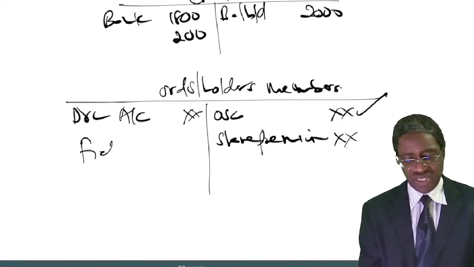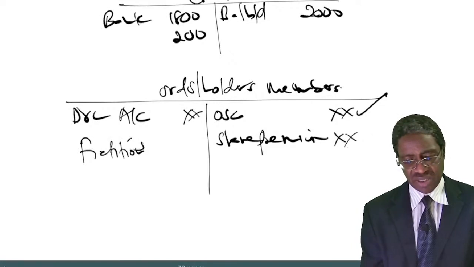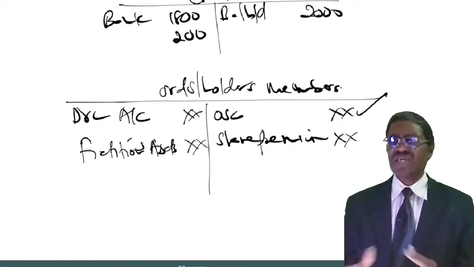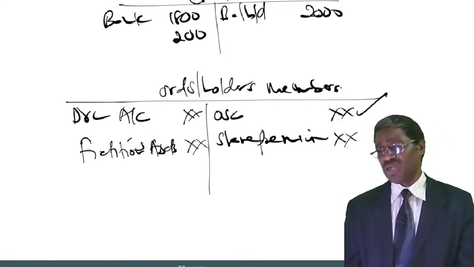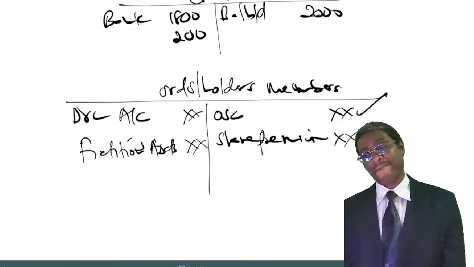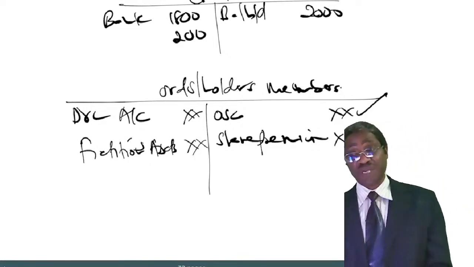Come and say your fictitious assets, whether the asset is goodwill, copyright, trademark, patents, whatever the fictitious assets you are given in that question. Good. That's our step number 9.